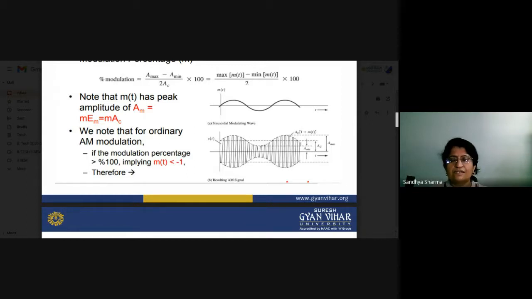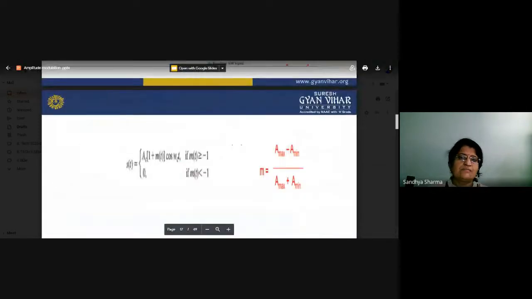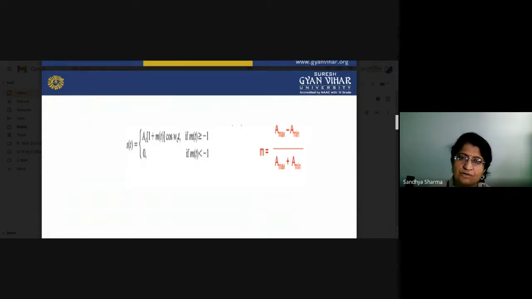So we are calculating the value with respect to the reference signal: Ac(1 + m(t) cos omega c t). So the basic equation is m equal to A max minus A min upon A max plus A min. That is the basic equation of our modulation index.